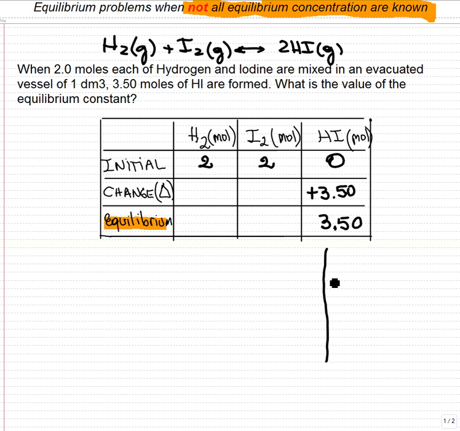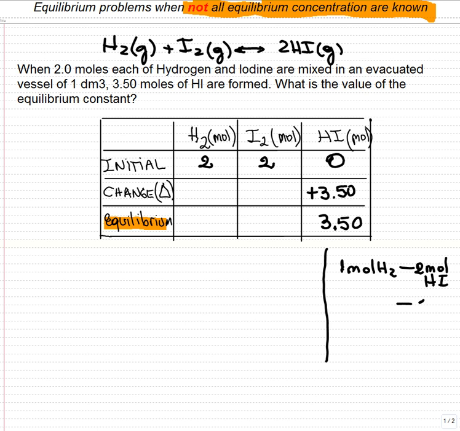So I'm going to make like a line here, not very nice, and we are going to look at the ratios. For each 1 mole of hydrogen, 2 moles of hydrogen iodide are formed.